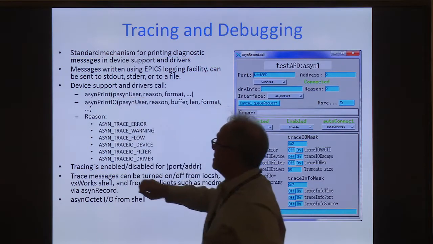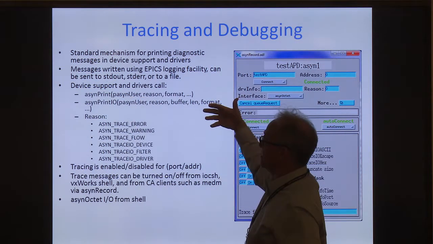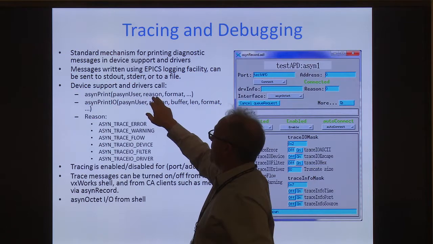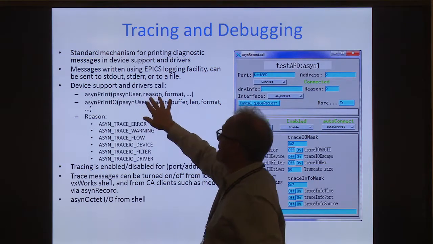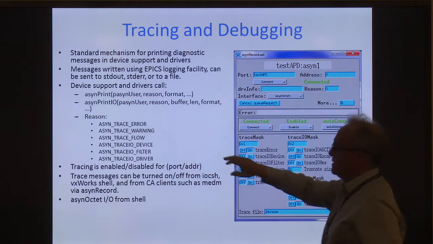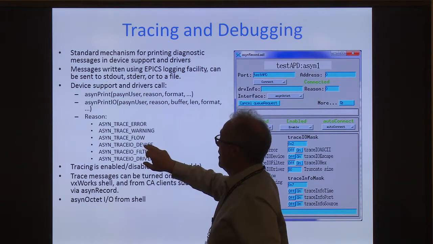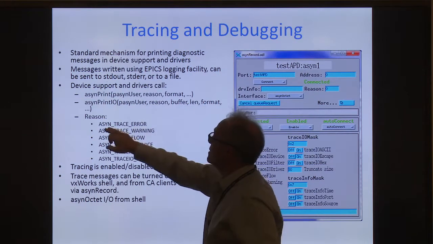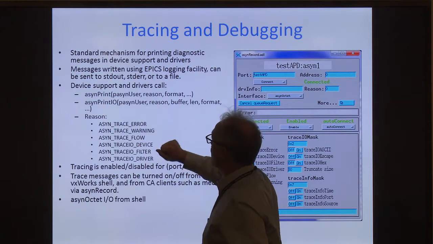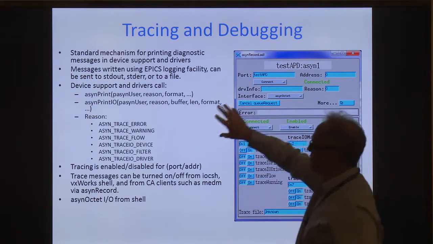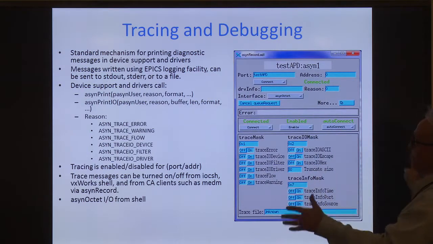You pass it this pasyn user so it knows what driver and device this is from. And then this reason here is asyn trace error, asyn trace warning, asyn trace flow, and so on. So if you're printing an error message, this would be asyn trace error, and then you can give it a format string and a bunch of data.